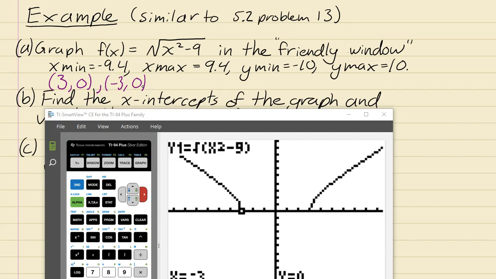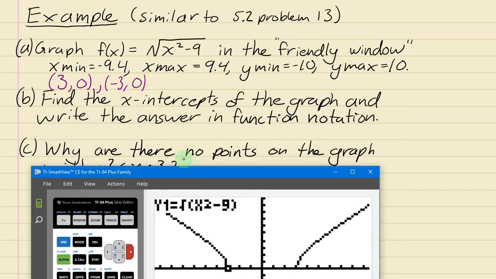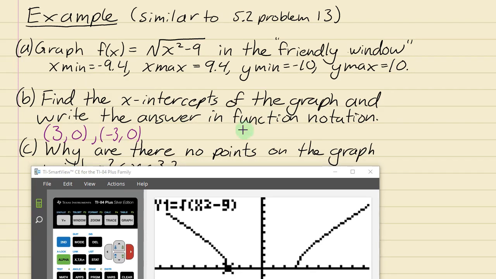But if we want to write the answer in function notation, that's not what this is here. That would mean write f of something equals something. So that should look like f of a number equals another number.